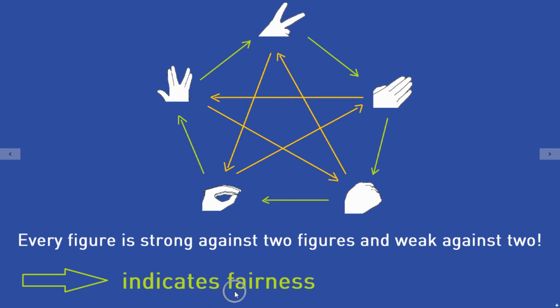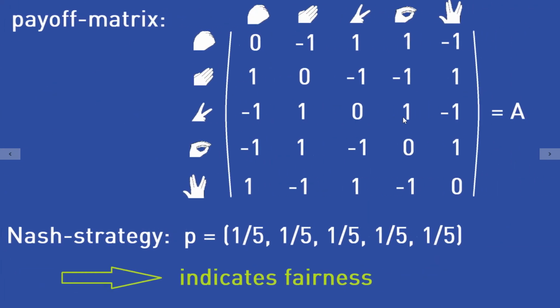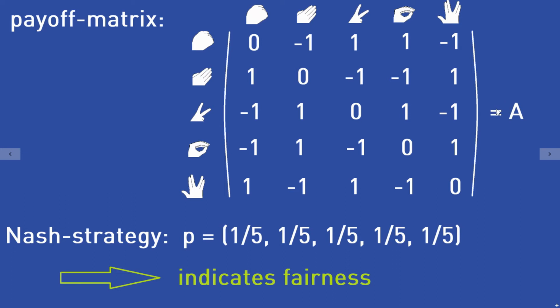This indicates fairness. Okay, you can also write down the payoff matrix of this game here, and this matrix looks like this here. I calculated the Nash strategy for this version of the game. I found out that the probability vector P equal to 1/5, 1/5, 1/5, 1/5, 1/5 is a Nash strategy, which tells us to play every strategy rock, paper, scissors, lizard, and Spock with the same probability.